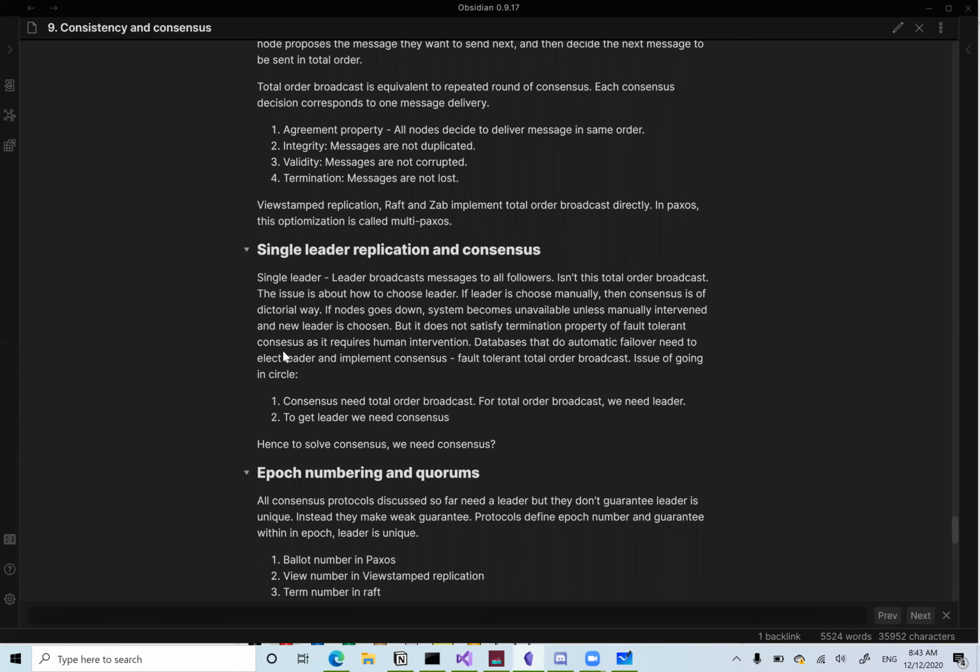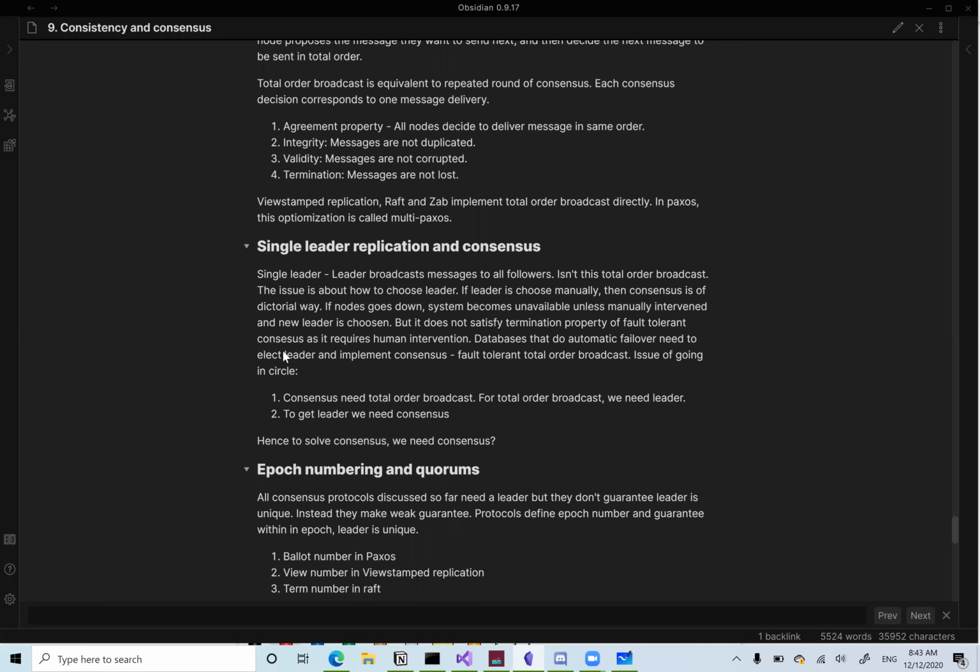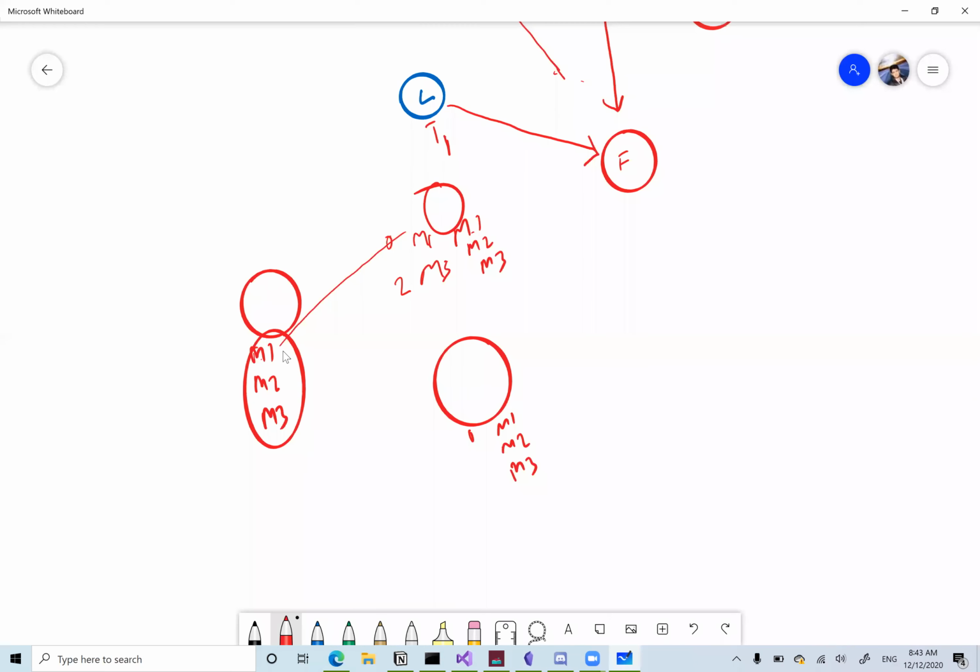So this thing is very interesting. Now this is the question for everyone. We usually say that leader election requires consensus, right? To elect a leader, all the nodes should agree on who the leader is. Now, if you consider the case of Raft, Raft is an algorithm to solve consensus.